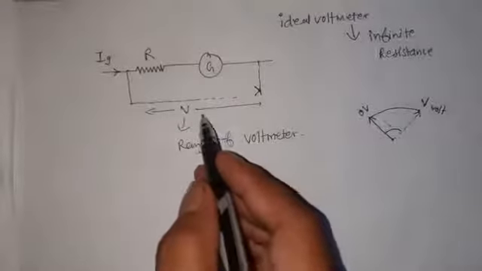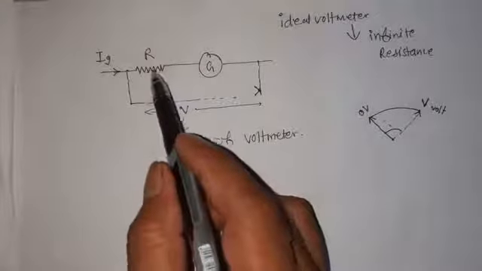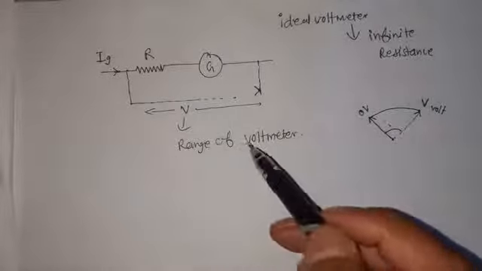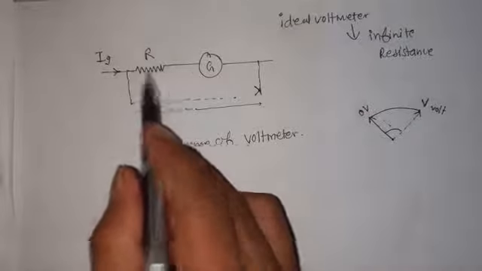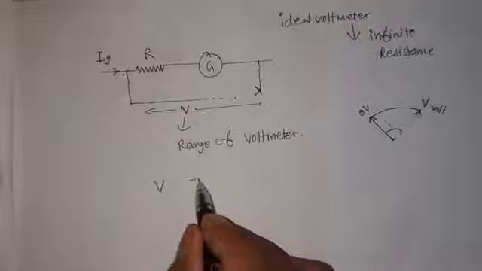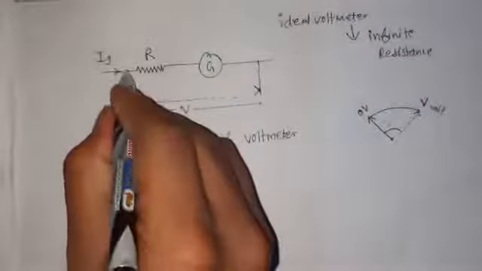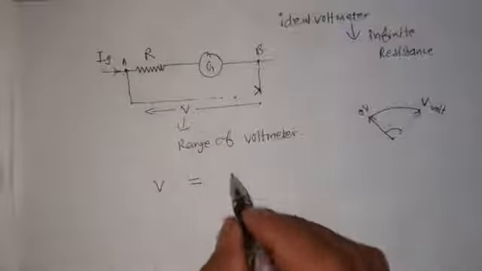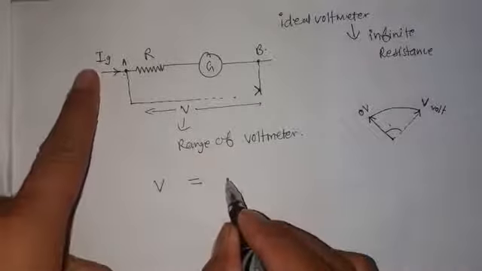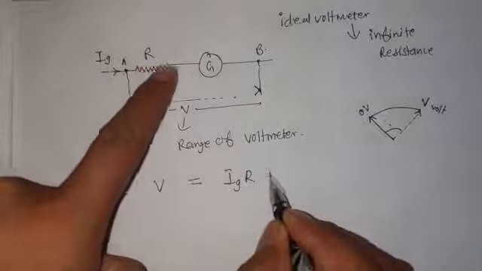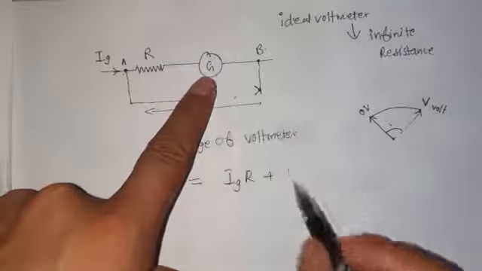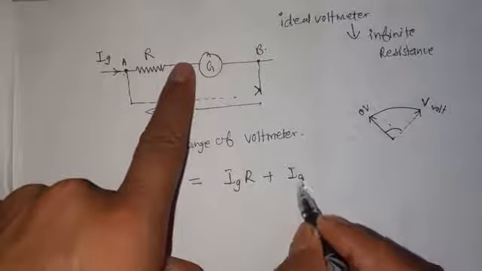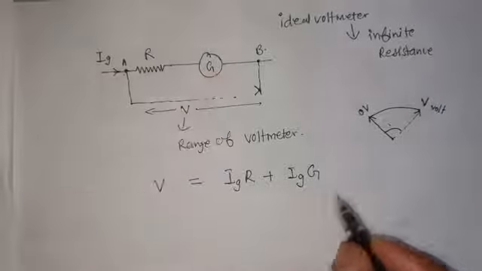Now let us find how much the series resistance should be to make the galvanometer of the desired voltmeter range. Marking these two points A and B, the potential difference is given by the current passing through this resistance plus the potential difference across the galvanometer, because these two are in series.